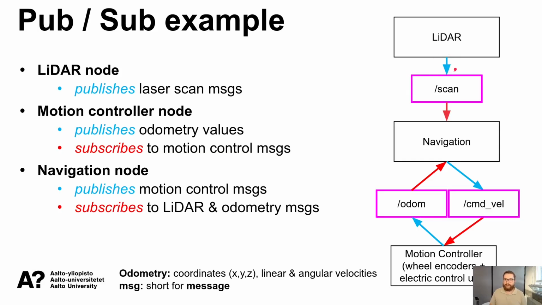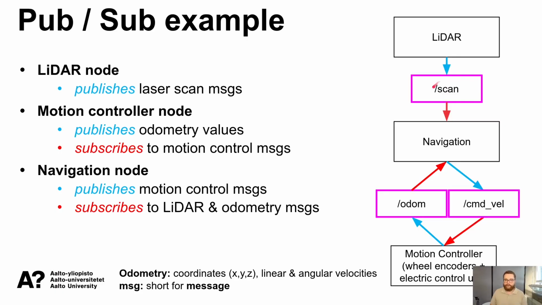Blue arrows are showing publishing, and red arrows are showing subscription. So we could have a node that is reading data from a LiDAR sensor, and it's publishing this information to a topic called /scan. And the topics here are topics that you commonly see on mobile robots, such as, for example, the TurtleBot that we are using on the course.